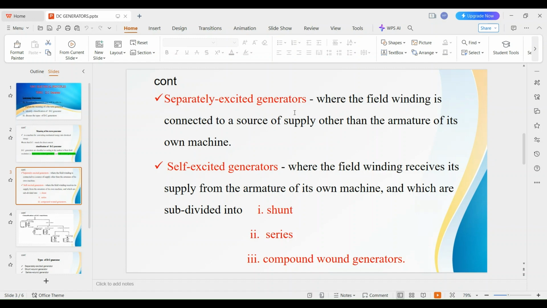When we talk of self-excited, it's whereby the field windings receive the power supply from the armature of that machine. And here we have shunt generators, series generators and compound wound generators.